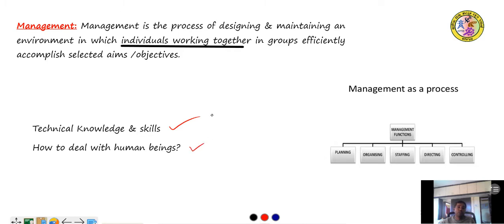These two are the important qualities a manager should have to manage human beings for the accomplishment of objectives. So management is a process. It includes planning, organizing, staffing, directing, and controlling. All these activities come under management.